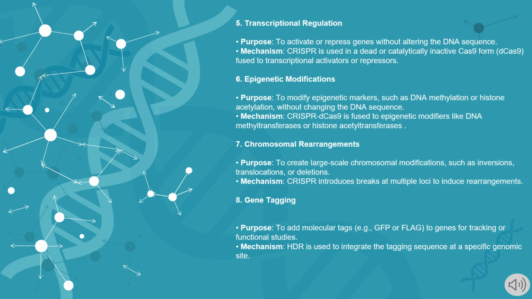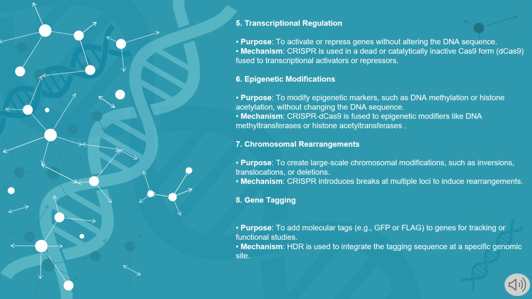6. Epigenetic modification. Purpose: to modify epigenetic markers such as DNA methylation or histone acetylation without changing the DNA sequence. Mechanism: CRISPR dCas9 is fused to an epigenetic modifier like DNA methyltransferases or histone acetyltransferases. 7.